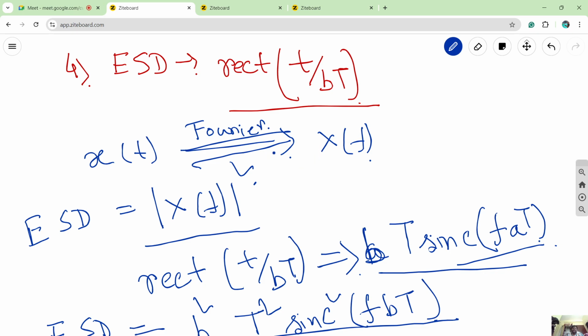So it's nothing, you just calculate the Fourier transformation, find the frequency domain representation, and take the mod square value of this frequency domain representation. That's how you can get the ESD.